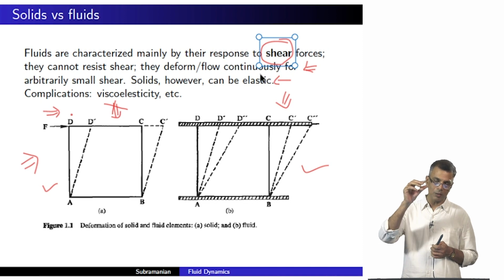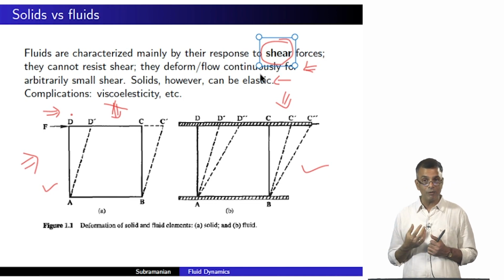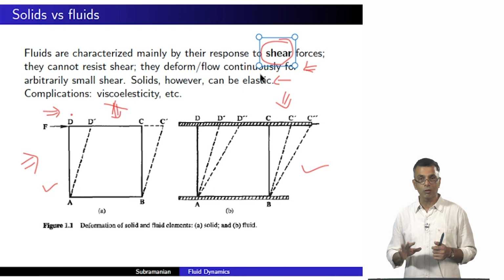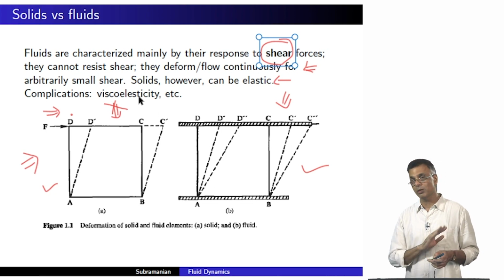Turns out that when you confine water to about a nanometer scale droplet, it starts behaving like a solid. Very, very strange, but true. We will not be going into these complications. We will restrict ourselves to what are called Newtonian fluids, for which this is not true. We don't bother about complications like viscoelasticity.